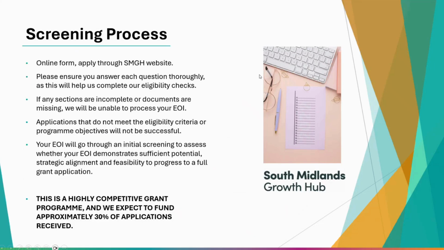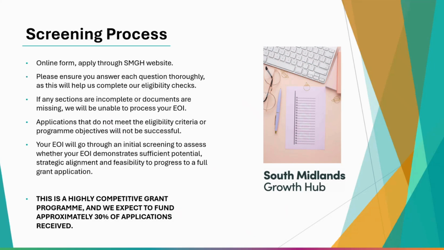So with regards to the screening process, it's an online form and can be found on the South Midlands Growth Hub website. Please ensure that you answer the questions thoroughly, as it will help us complete the eligibility checks, and it will move you on to potentially be able to submit a full application. If any sections are incomplete or documents are missing, we will not be able to process this expression of interest.